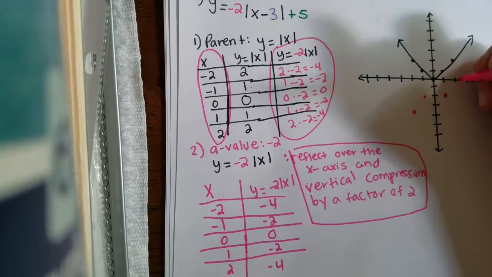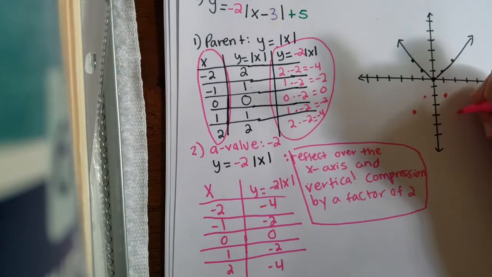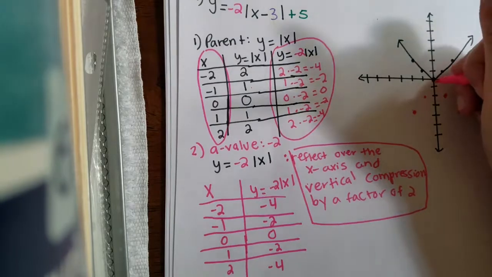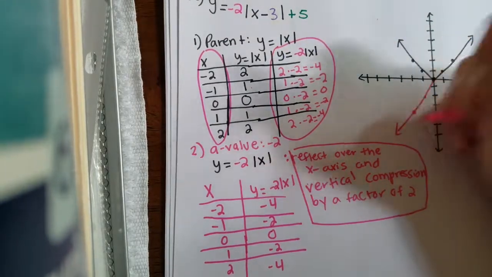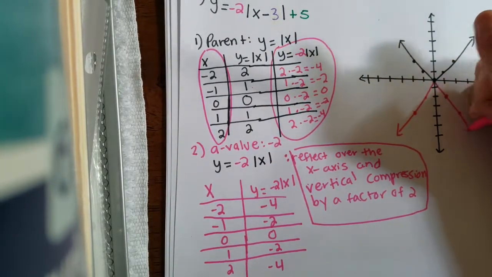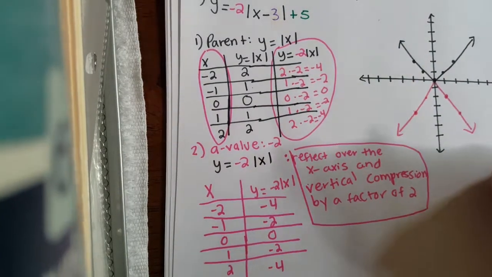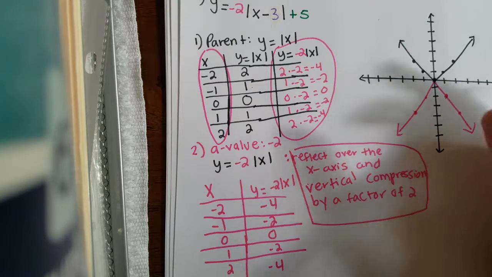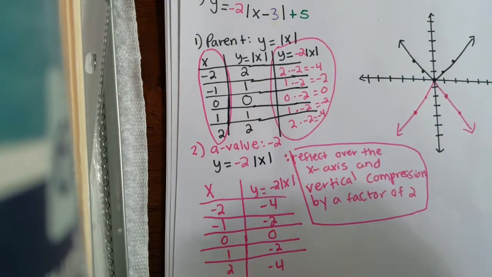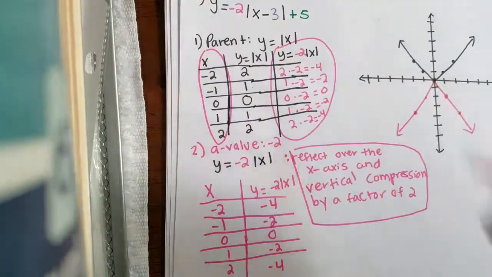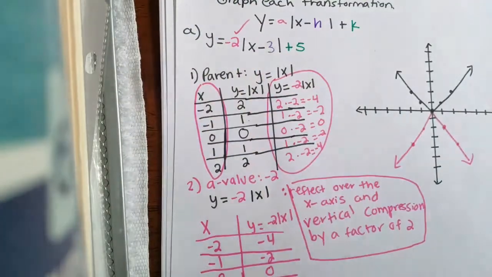And my final point is at 2, negative 4. So if you notice, the graph did flip over the x-axis and it did get a little skinnier. It's kind of hard to see, but it did get a little thinner. Alright, so that is the a value taken care of.